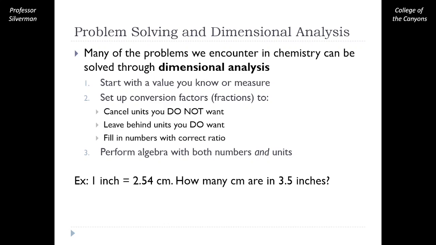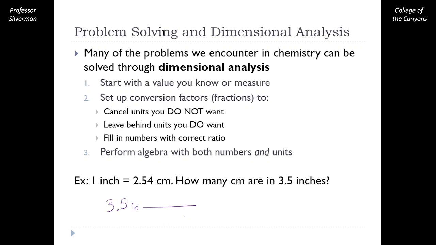We have an example down below. If we want to find how many centimeters are in 3.5 inches, let's start with the value we know, which is, there it is, 3.5 inches. Now we want to set up our conversion factor and cancel out the units that we don't want.